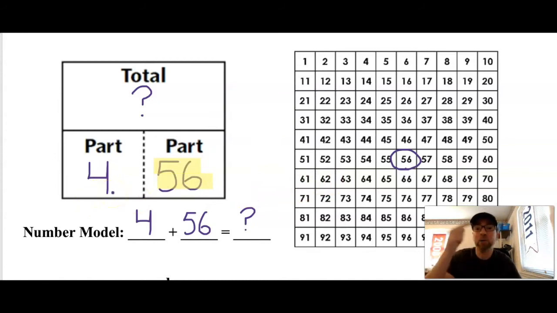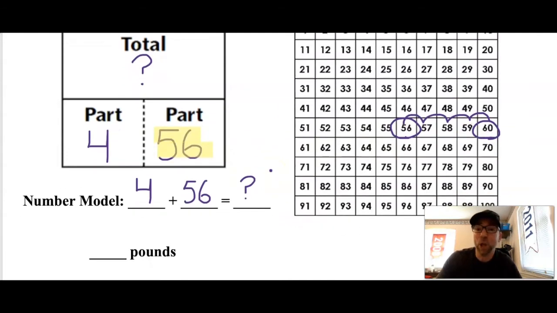So I'm going to count up 4. 1, 2, 3, 4. And look where I land, on the number 60. How much do they weigh total? In all, 60 pounds.